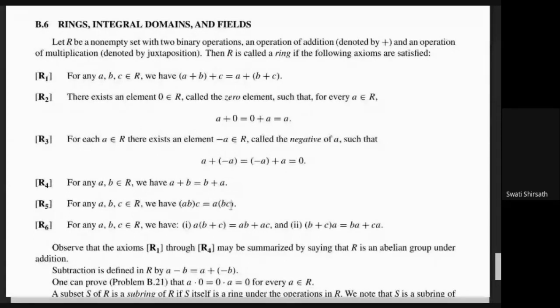Now here for multiplication, they are not expecting an identity element, they are not expecting inverses of multiplication, that is 1 by a. For addition, we have negatives. There is a new term, additive inverse. When I say 3 minus 2 is equal to 1, can I write it like this: 3 plus minus 2 is equal to 1? Yes, ma'am.